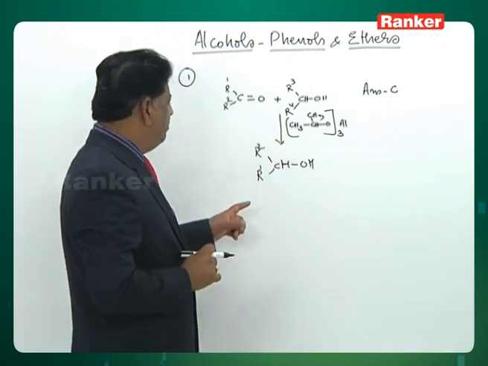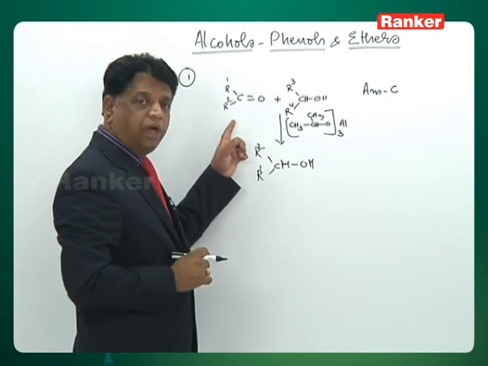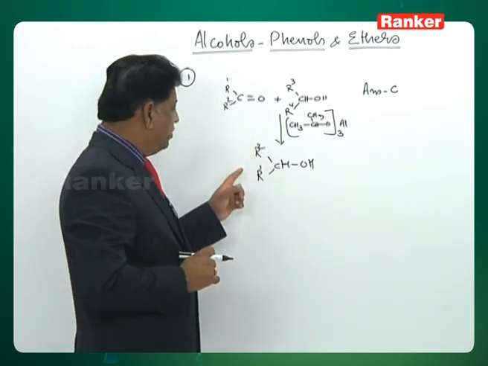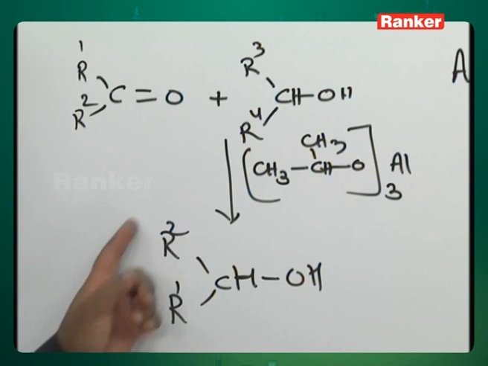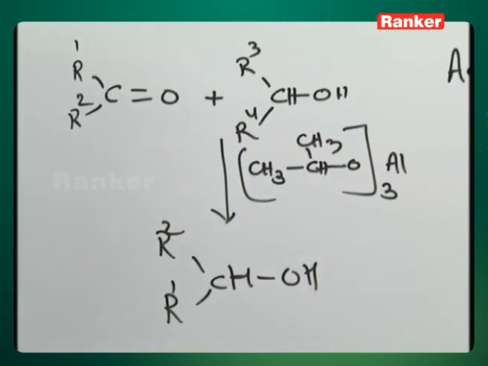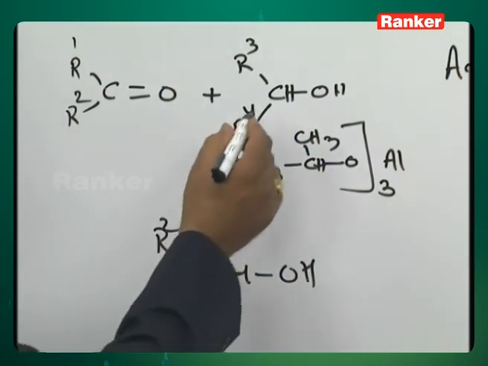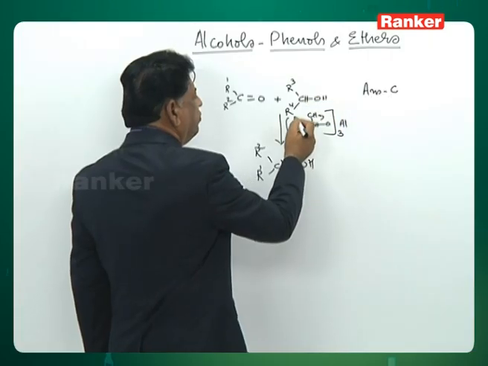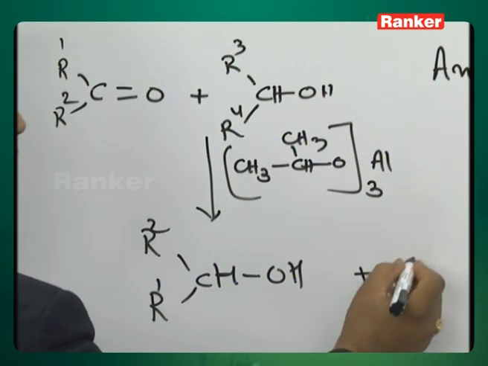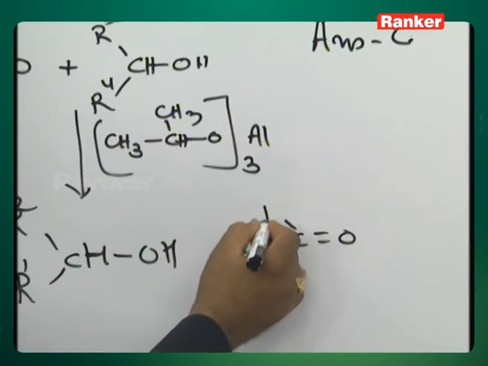So the reaction will be beneficial when the R1 R2 carbonyl compound is converted into this particular alcohol, the cost of this alcohol should be very high, then the success of the reaction will be there. However, what happens to this particular R3 R4 alcohol? It is converted into a carbonyl compound.